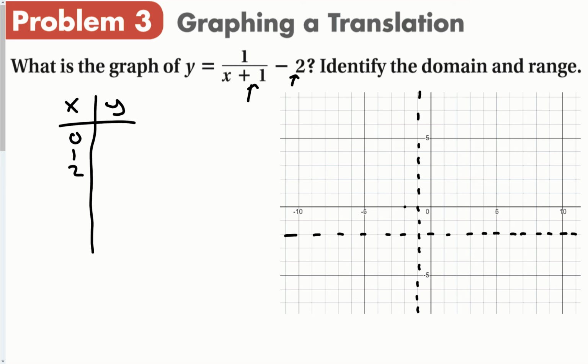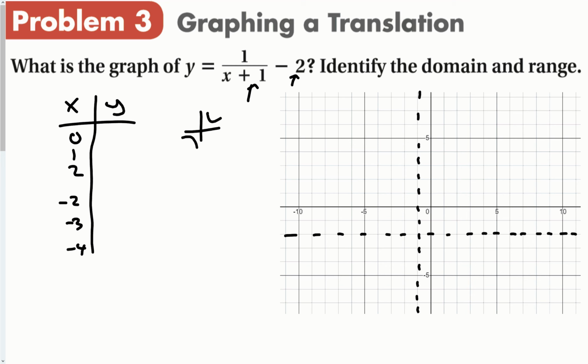I can't plug in negative 1 because it's an asymptote. So negative 2, negative 3, and negative 4. So when I plug all these numbers in, I should get a good idea. And I know my graph is going to look kind of like this, with these two curves, these two branches in the top and bottom.